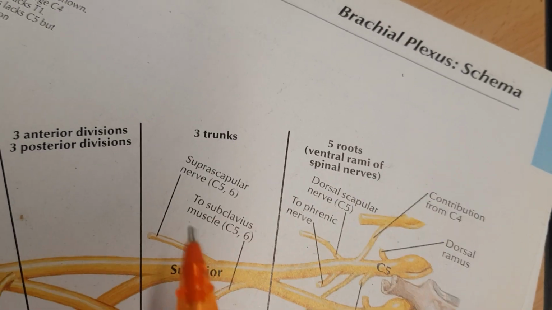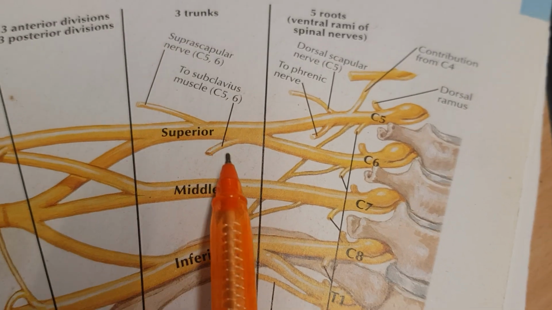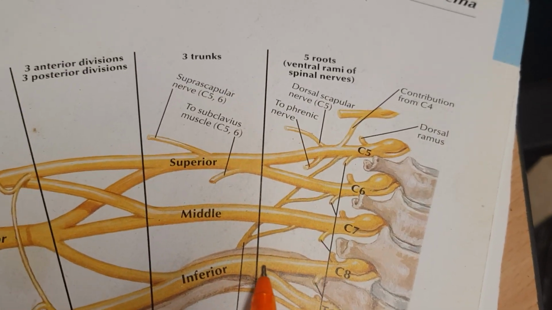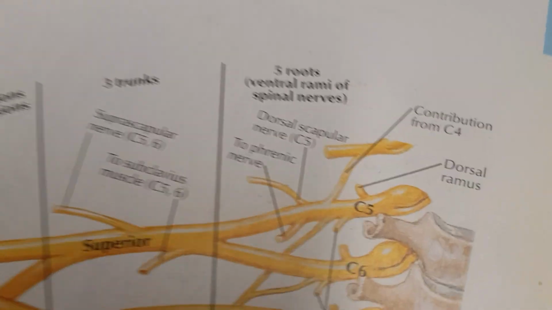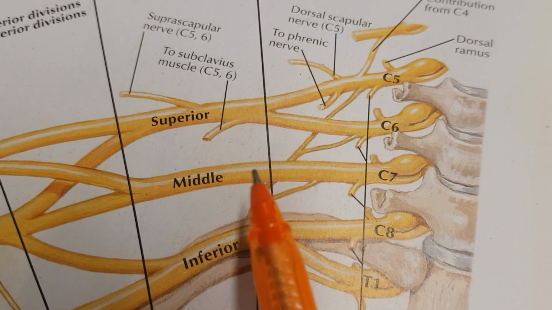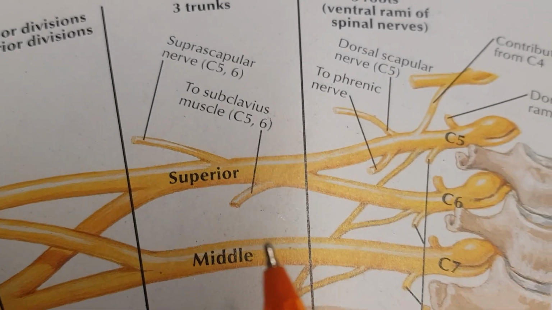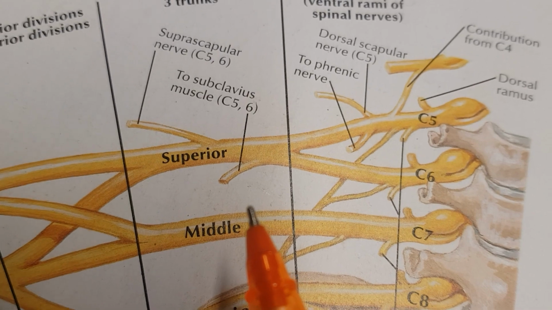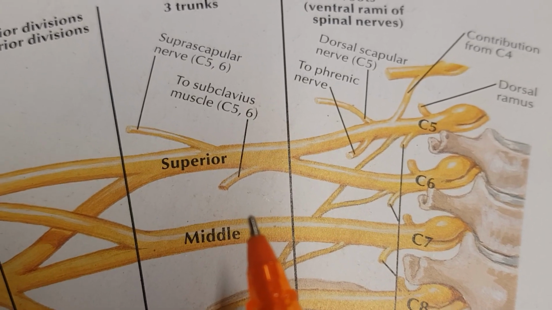Right? If you continue to the trunk, we will only see 2 branches from the trunk, only from the superior trunk. The superior trunk has 2 branches, the suprascapular nerve and the nerve to the subclavius muscle.